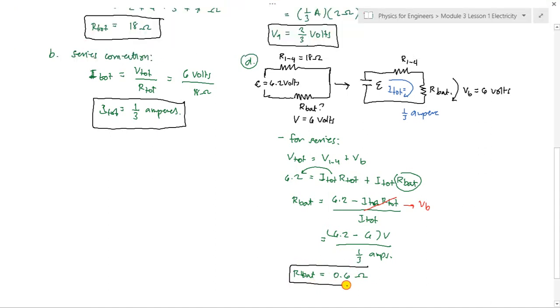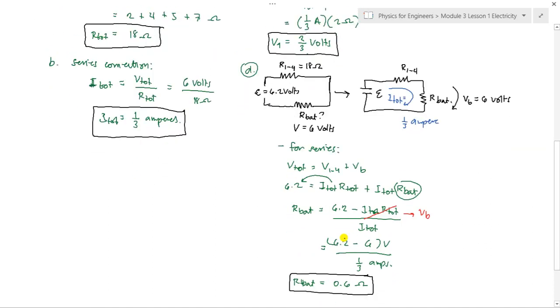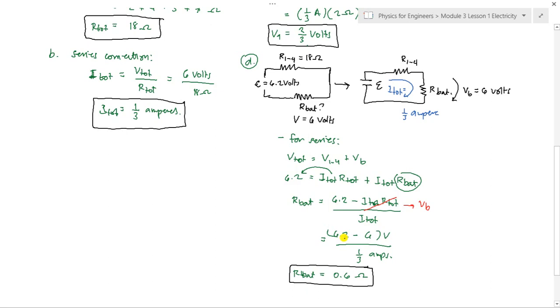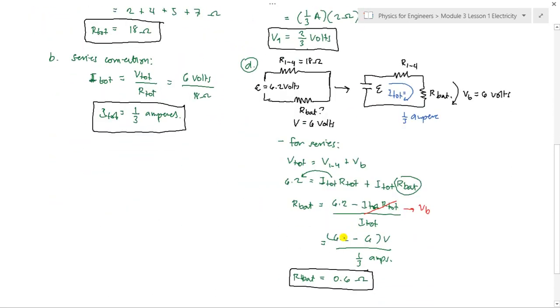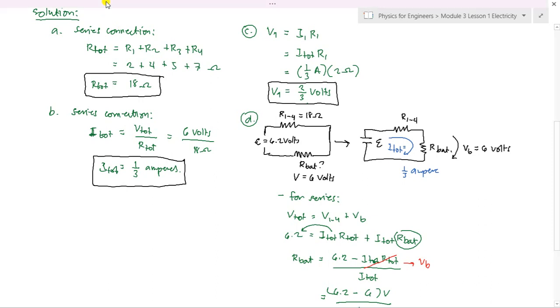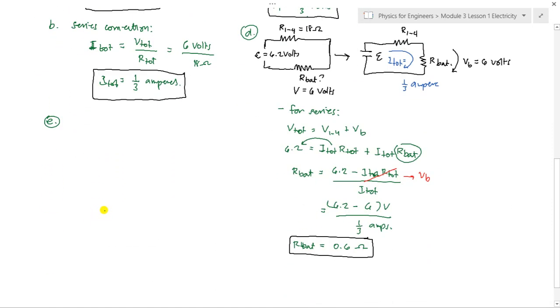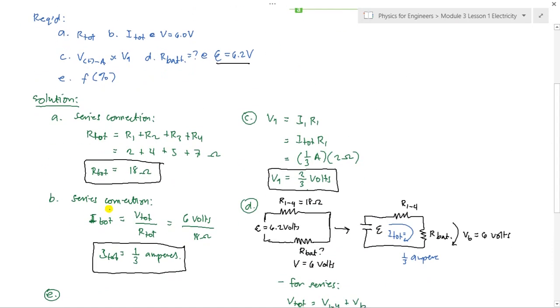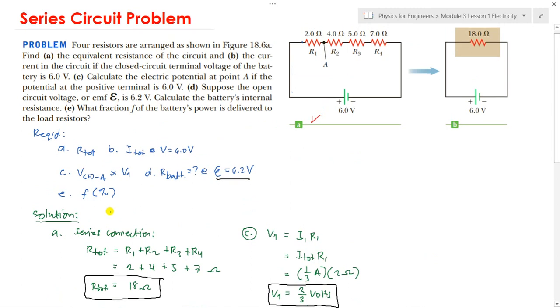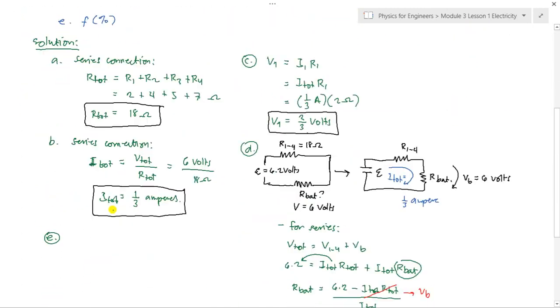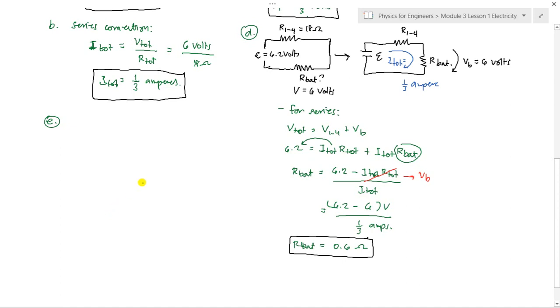So that's it, class. And since we have the internal resistance of our battery, we also have power for our battery and also for the power of the resistor. We use this in order to solve for letter D, for letter E, that is the percentage of the power delivered with respect to the battery's own power.